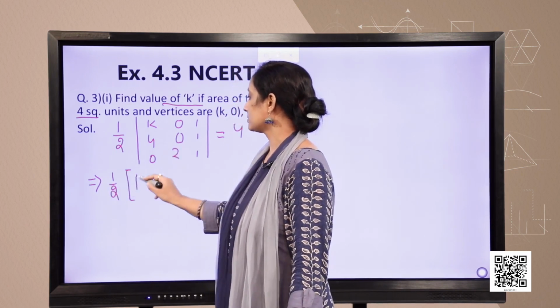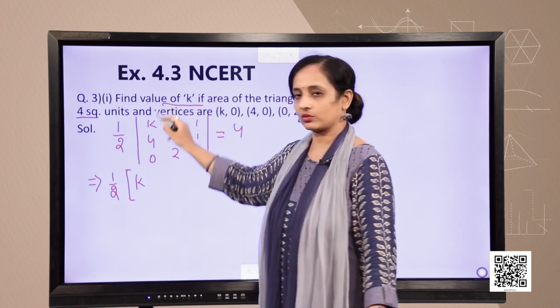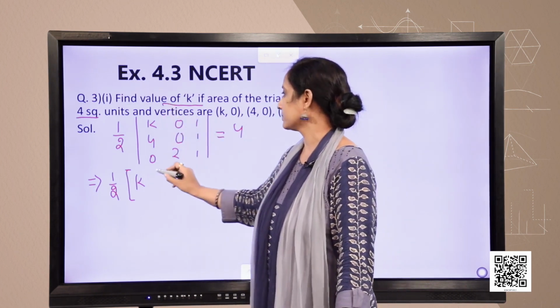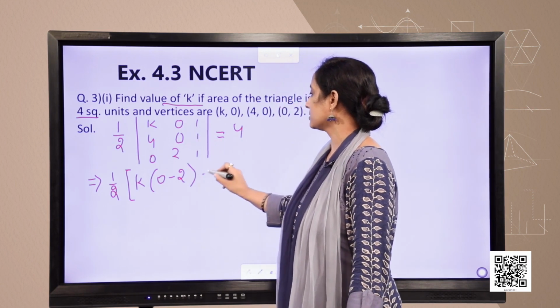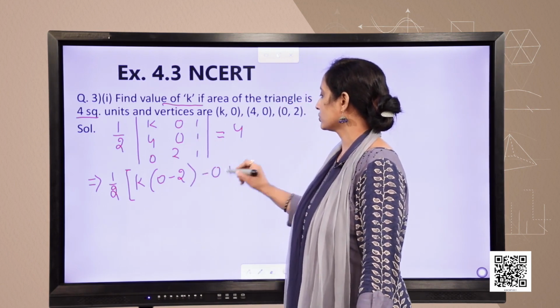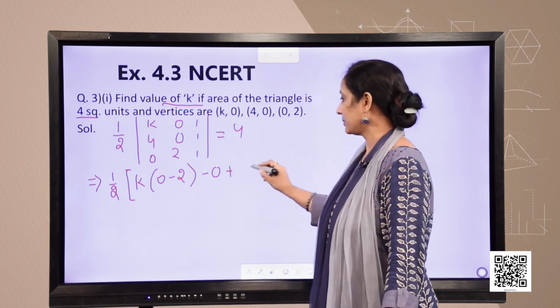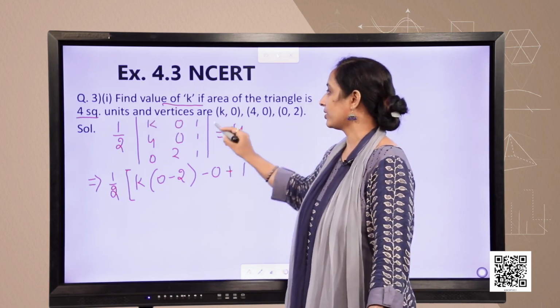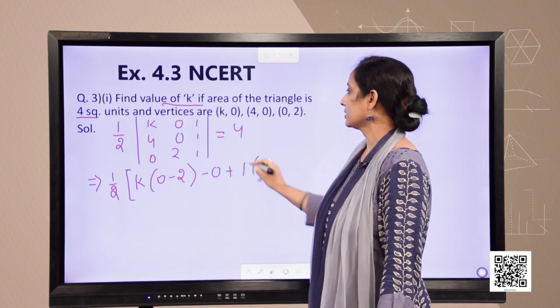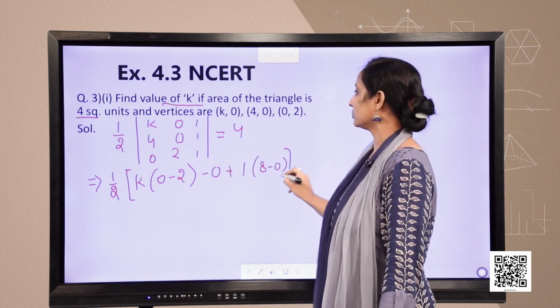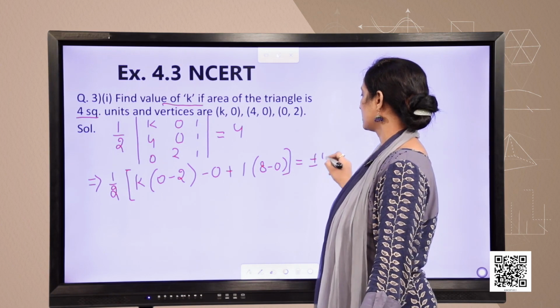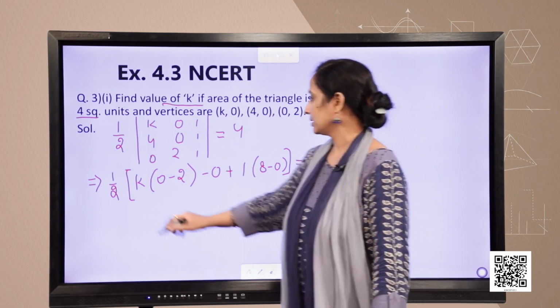Solve this. This is k. Delete first row and first column for solving. It becomes 0 minus 2. Next element is 0. You don't have to solve anything. Take next element 1. Delete first row and third column and solve it. This is 8 minus 0. This is equal to plus minus 4.